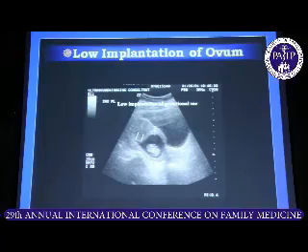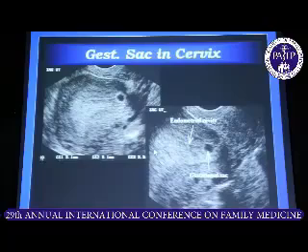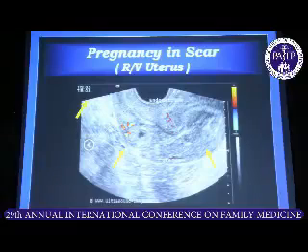This is abnormal location of pregnancy that we should look for in the first trimester. In this case, it is implanted in the cervical canal. It's in the cervix. That we should be very conscious about it.